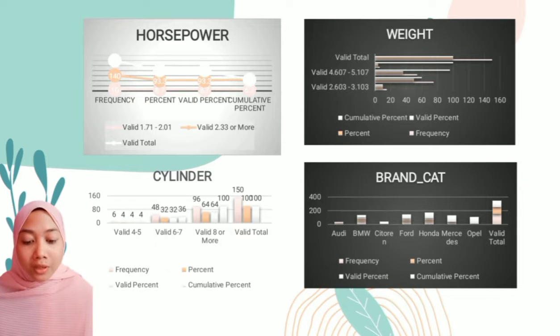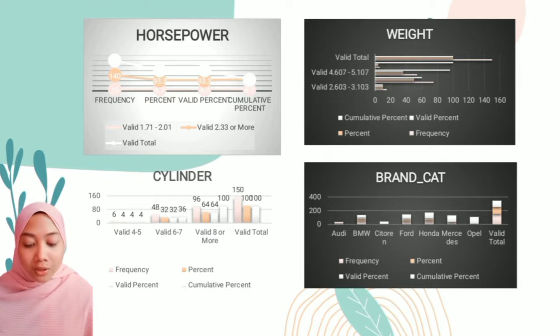Next, for the graph of weight for each vehicle, the highest frequency valid number is 15, which is 50%, followed by medium height with 36%, the second lowest with 10%, and the lowest with 4%. And the lowest total for engine of vehicle is valid number 4 until 5, which is 4%, followed by valid number 6 until 7 with 33%, and the highest is 8 or more, which is 74%.